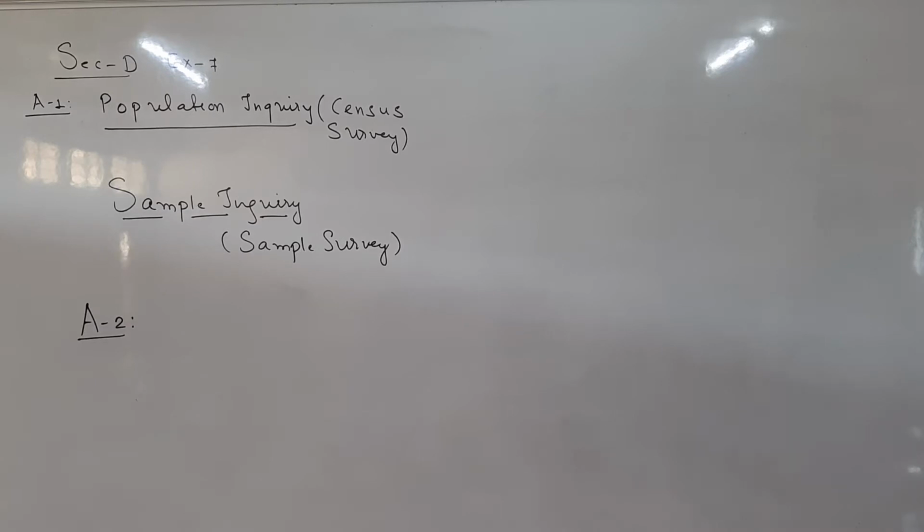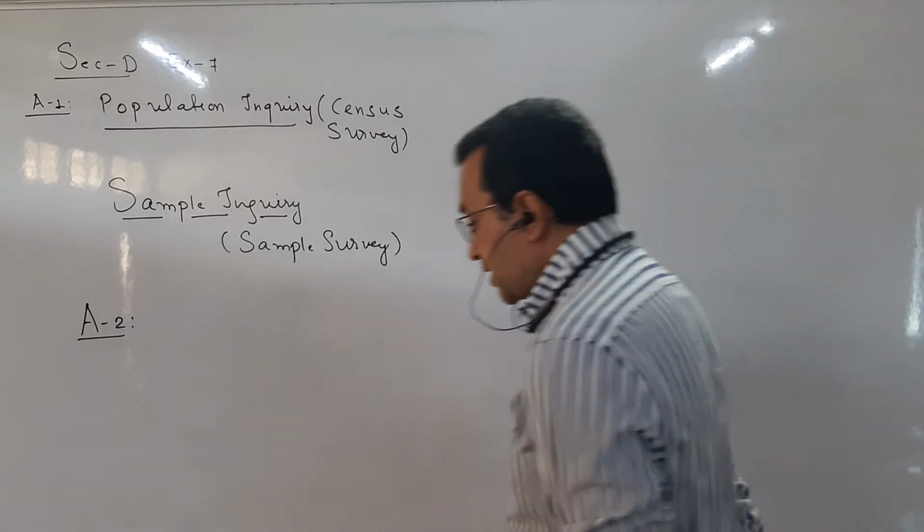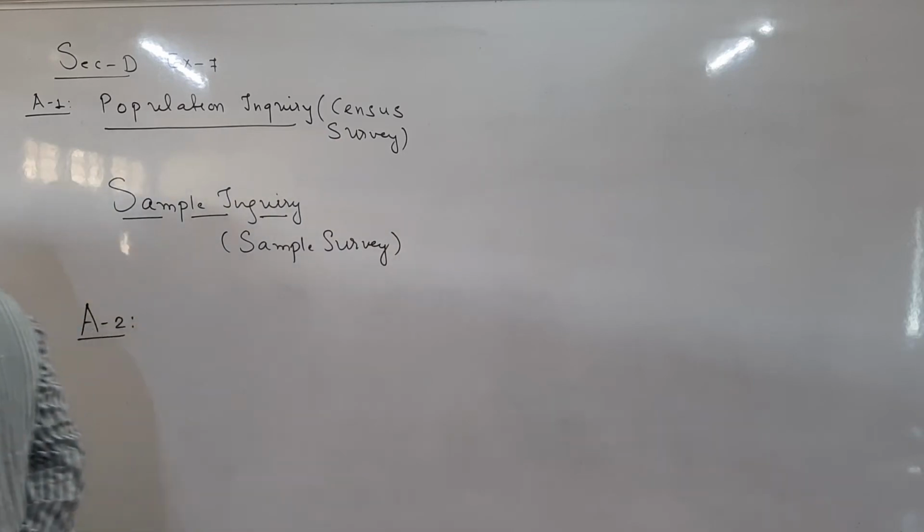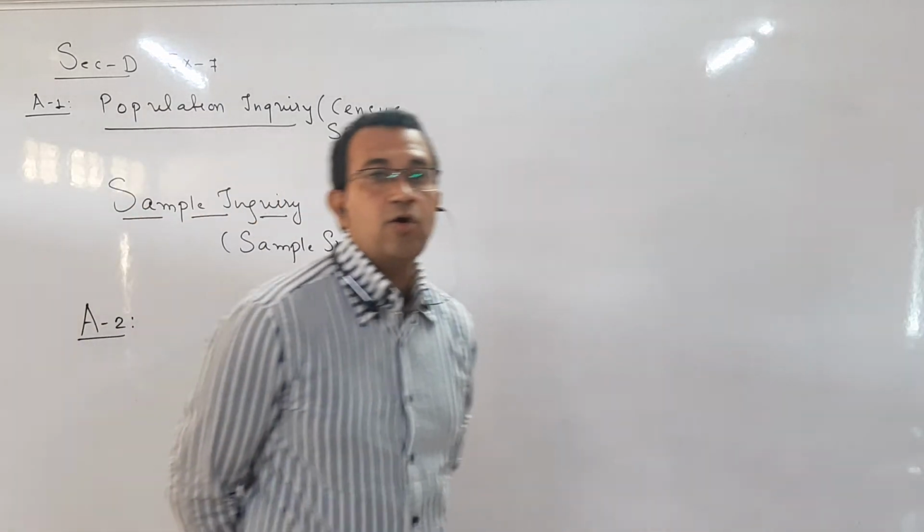Then students, 9. Write a short note on systematic sampling. In systematic sampling, the first unit is selected at random based on sampling interval, and thereafter, students, the units are selected in definite order.